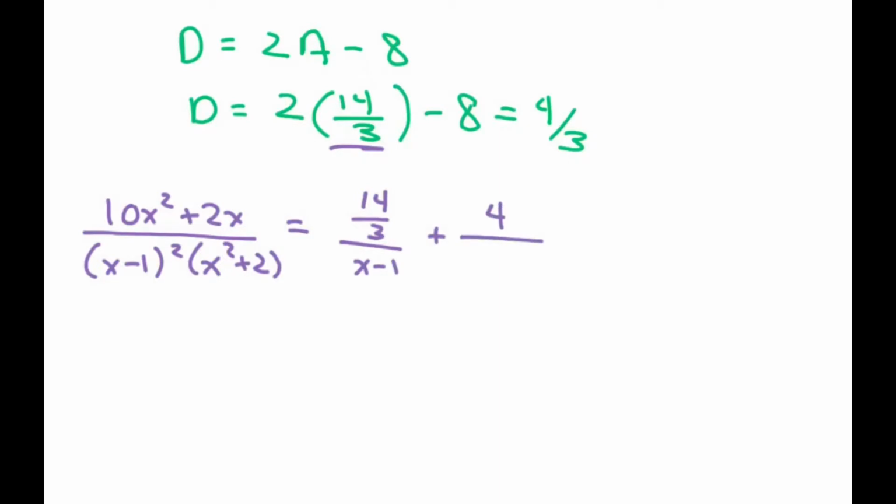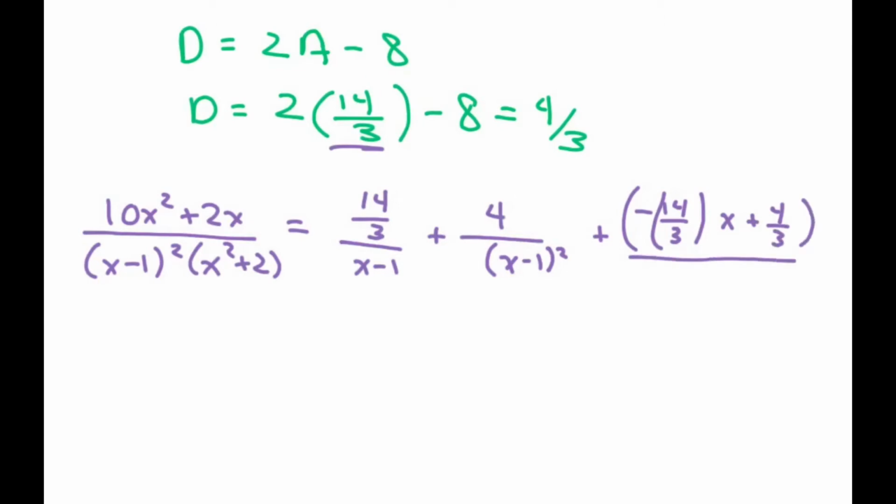That was the first one we got. Over x minus 1 squared, plus my c, which is negative 14 over 3, x plus 4/3 divided by x squared plus 2. Boy, that was a doozy.